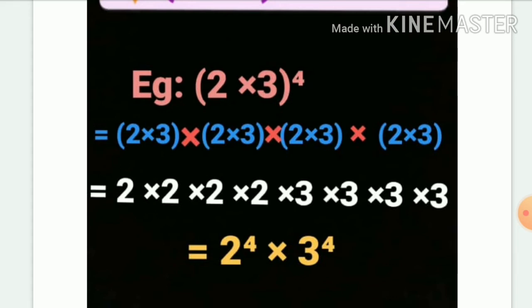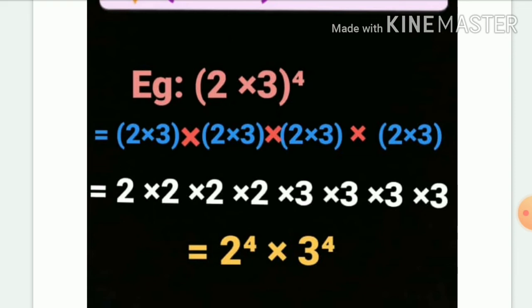So as you can observe, (2 multiplied by 3) raised to 4 turns into what? 2 raised to 4 multiplied by 3 raised to 4.